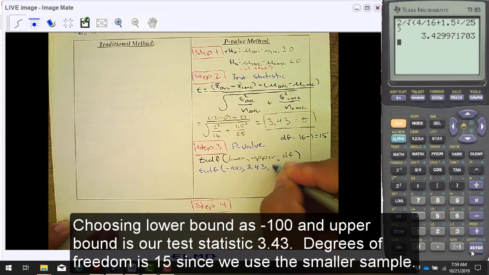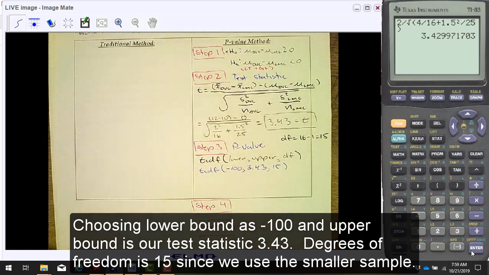Choosing lower bound as negative 100 and upper bound is our test statistic, 3.43. Degrees of freedom is 15 since we use the smaller sample.